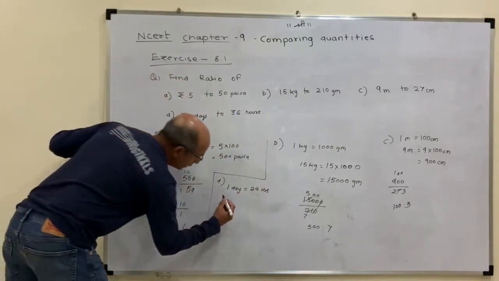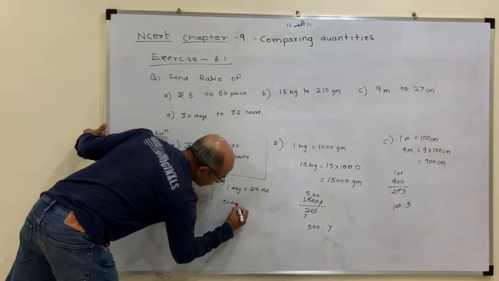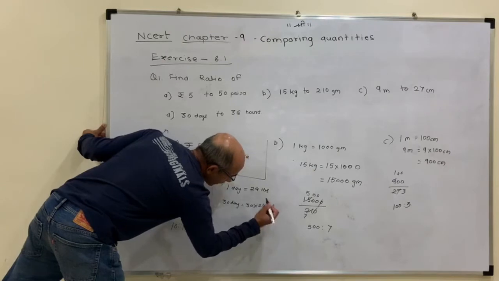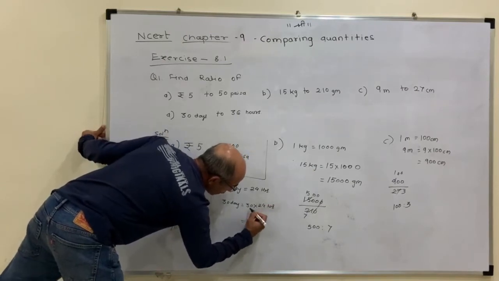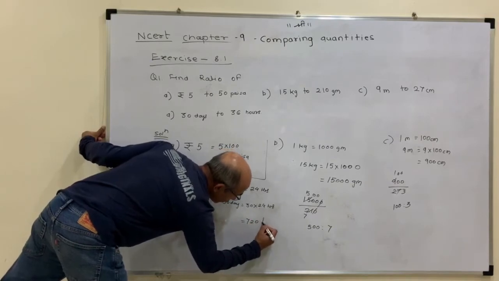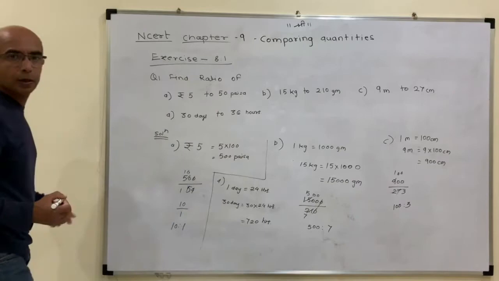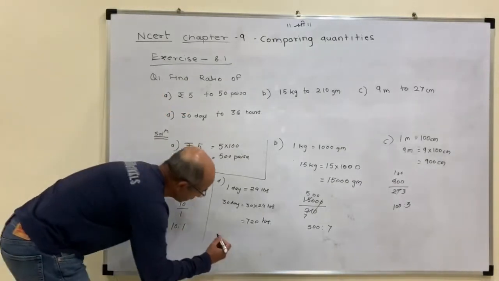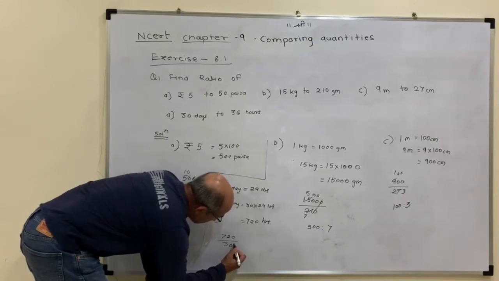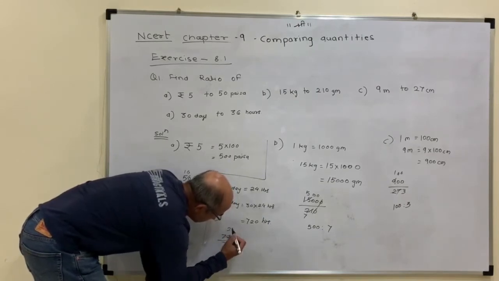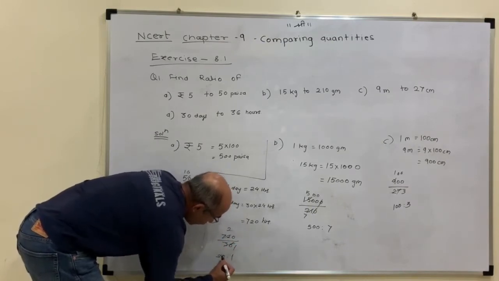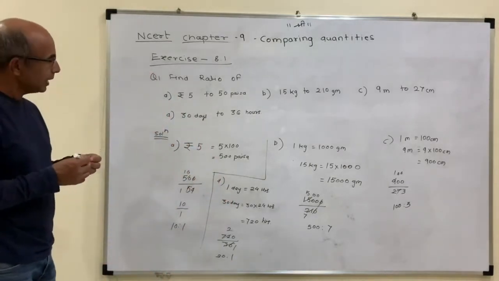Therefore 30 days equals 30 into 24 hours, which is 720 hours. And then 36 hours. So I say 720 divided by 36. 36 ones are 36, 36 twos are 72. So it comes out to be 20 to 1. So the ratio is 20 to 1.